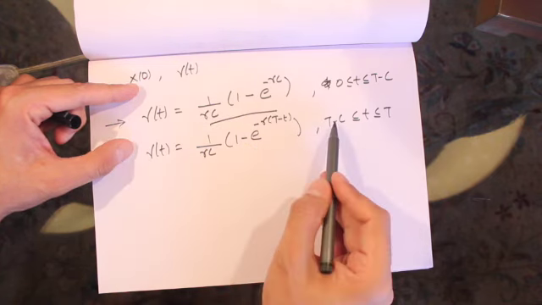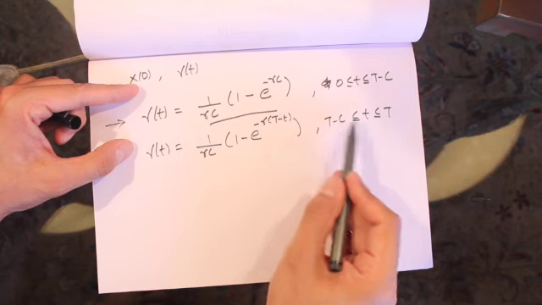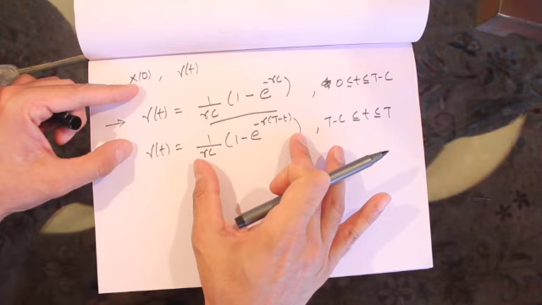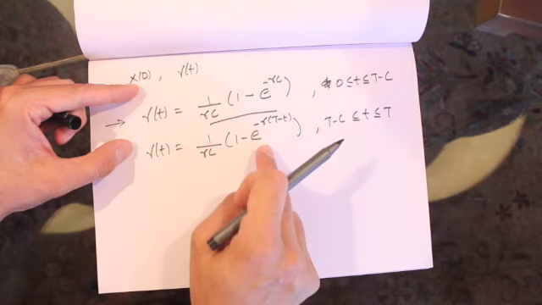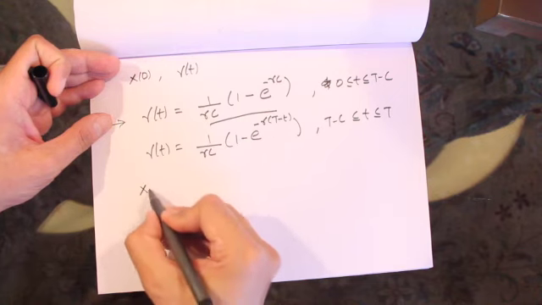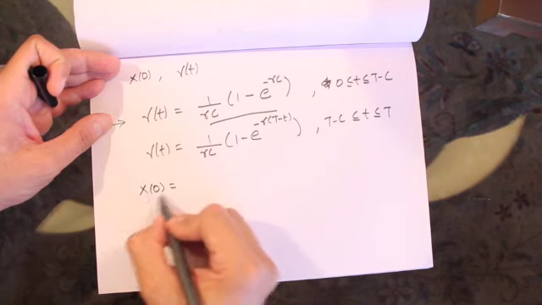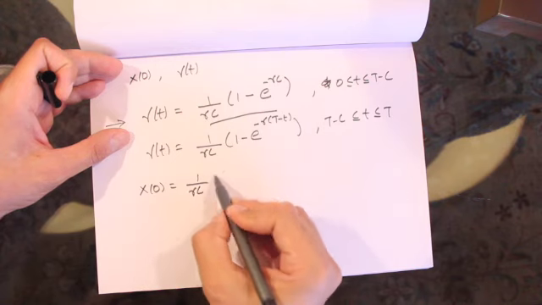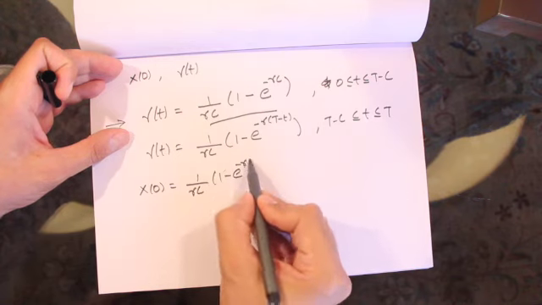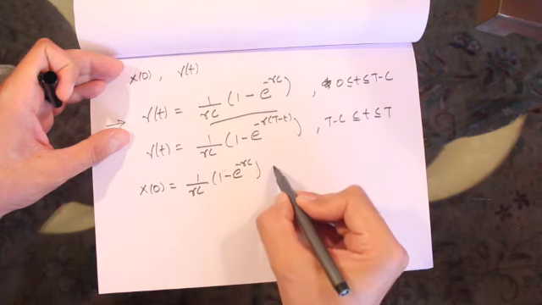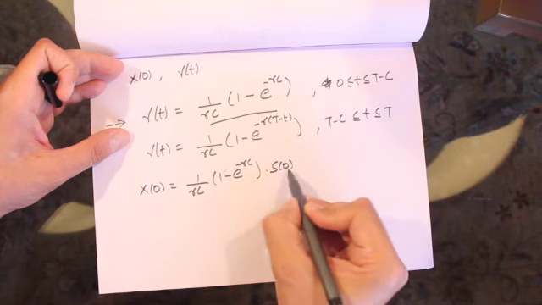And when time is greater than T minus C but less than T, during that time period, this is the amount of stock we need to hold at each point in time. I'm also claiming that x0, our initial capital, needs to be 1 by RC times (1 minus e to the power of minus RC), which is the gamma T, times the value of the stock at time 0.